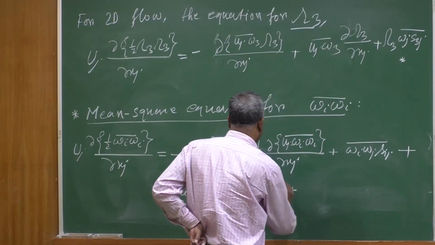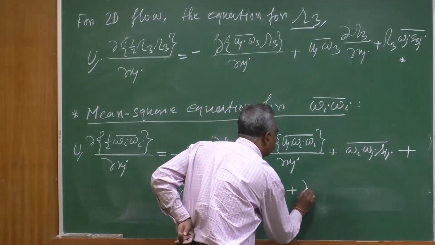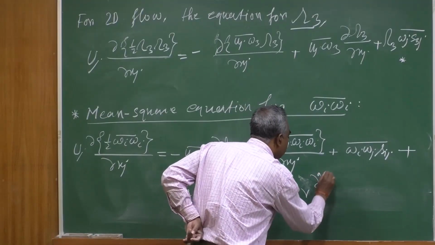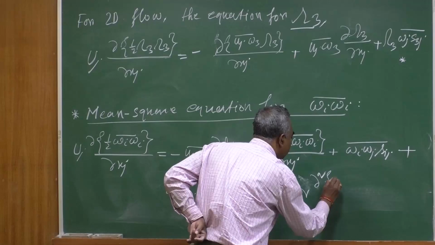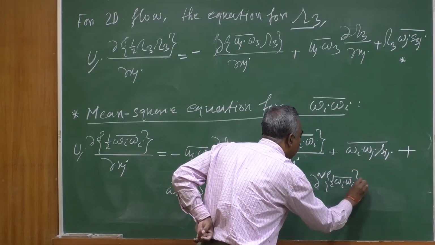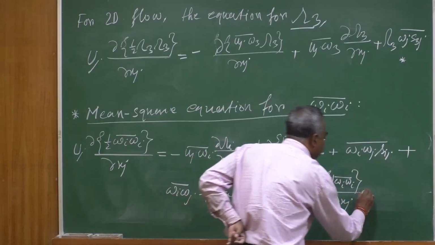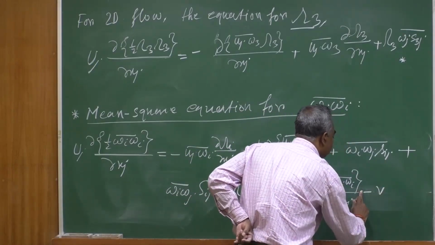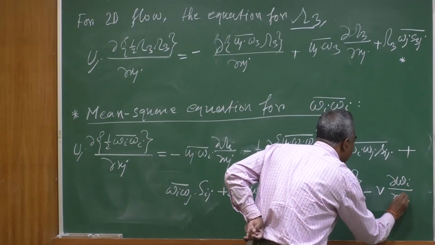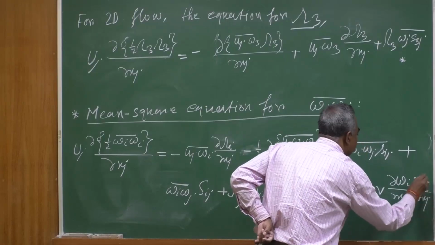Then we are going to get another two terms, that is the viscous terms. So, that is viscous diffusion. The viscous diffusion term is going to be del squared half omega_i bar del x_j, minus nu omega_i del x_j omega_i del x_j bar.